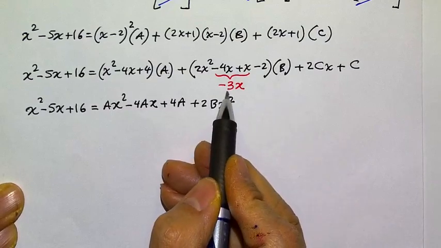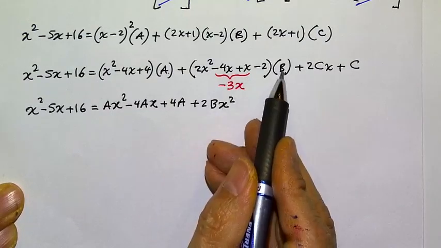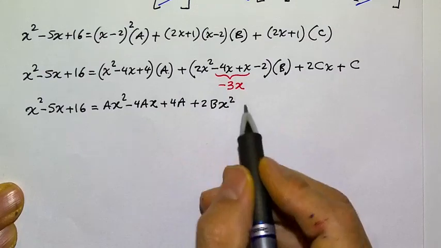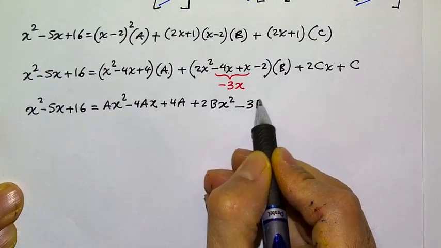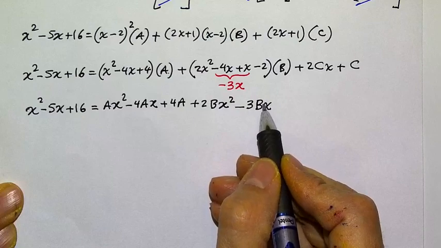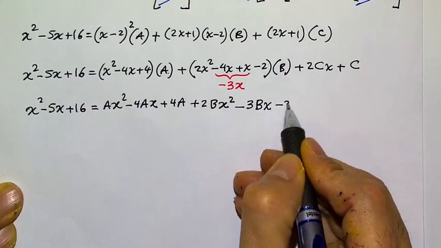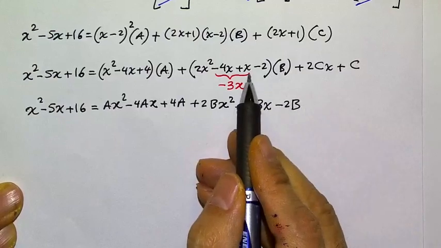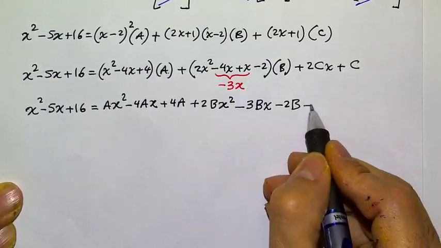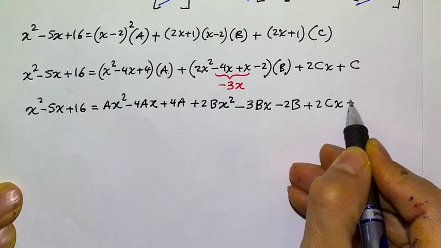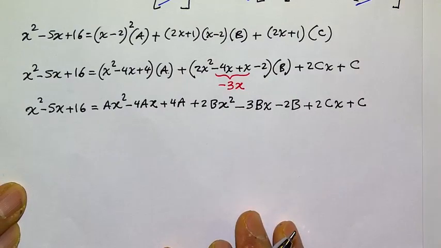B times minus 3x, because these two combine into this, is minus 3bx, right? B times minus 2, minus 2b, right? And then, of course, the last two terms, which we can just write down as they are, like that.